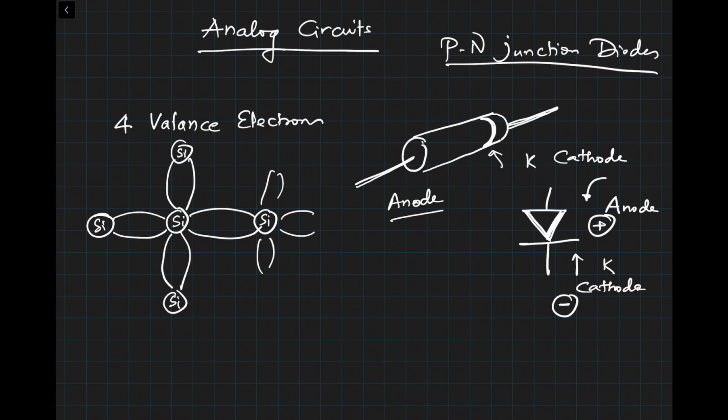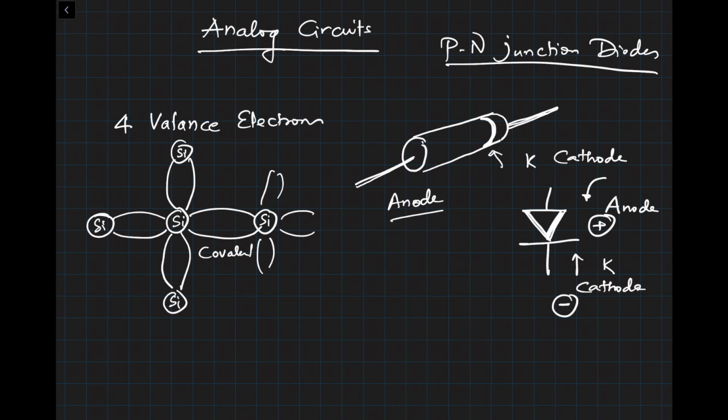These 4 valence electrons are shared with the neighboring atoms, as a result of which you form covalent bonds with the neighboring silicon atoms. Things are all fine like this, and if you take pure silicon as is, at really cold temperature it probably behaves like an insulator. There is no current flowing through the silicon.